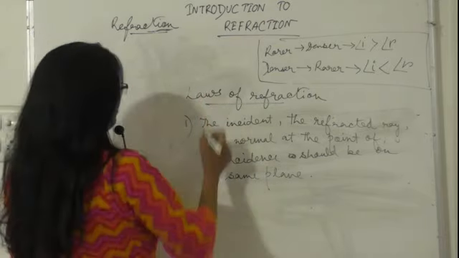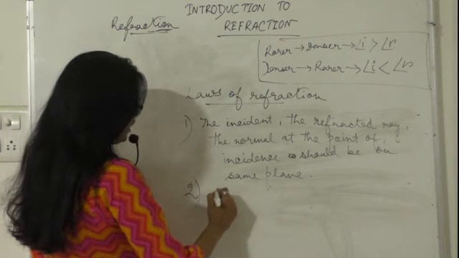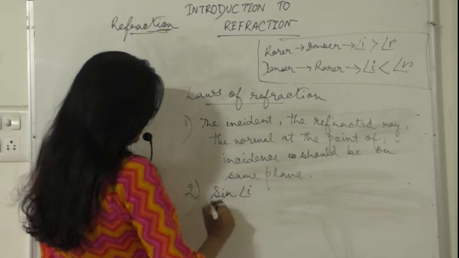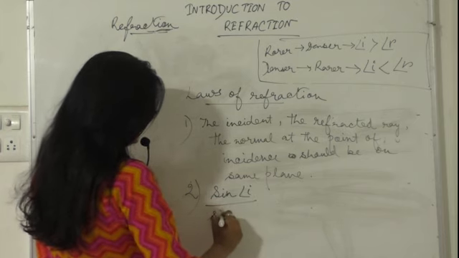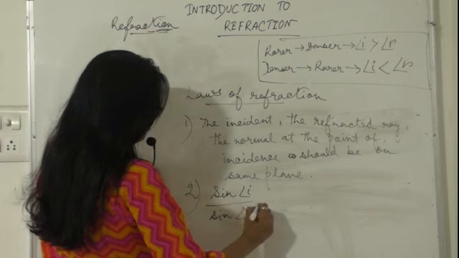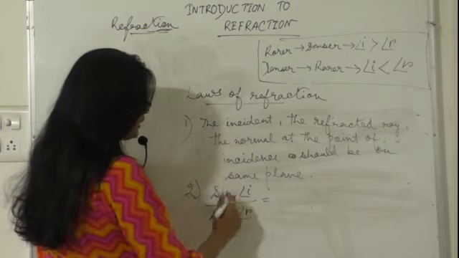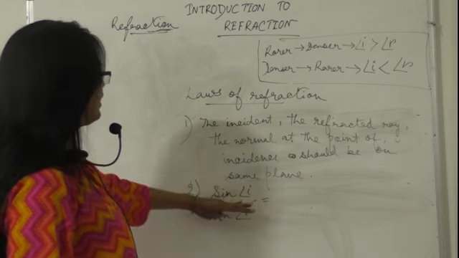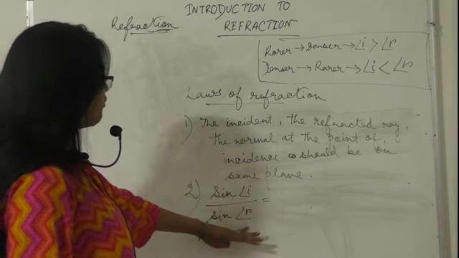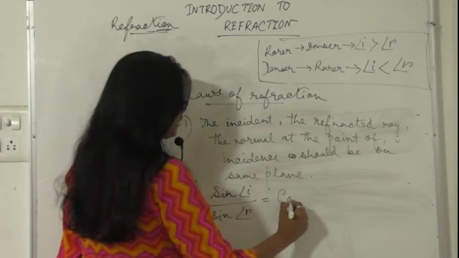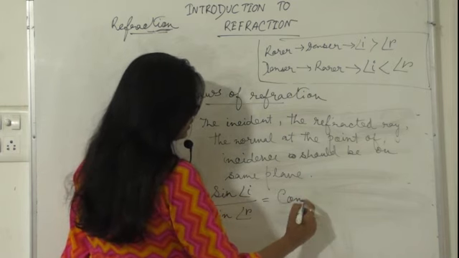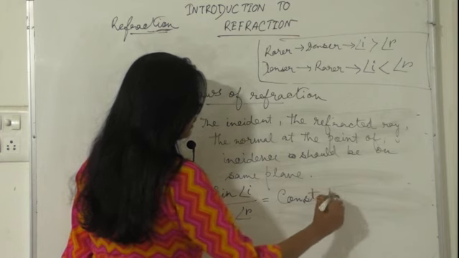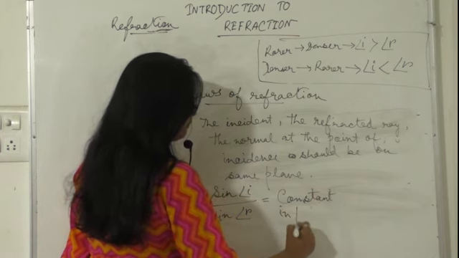The ratio of the sine of angle of incidence and the sine of angle of refraction must be constant in a particular medium.